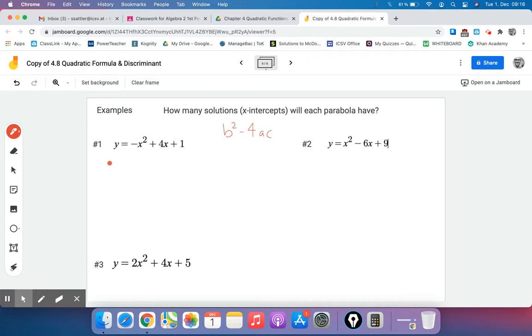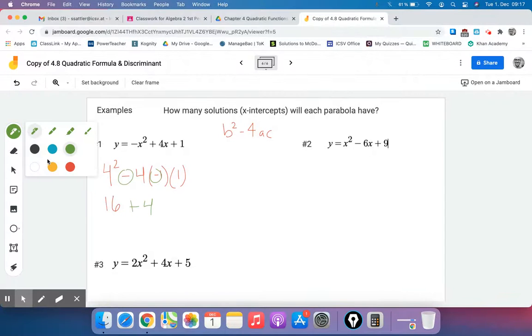So the first case, b is 4, so we're going to do 4 squared minus 4 times a is negative 1, and b is positive 1. So now we have 16. There's two minuses. Two minuses are going to make a plus. 4 times 1 is 4.